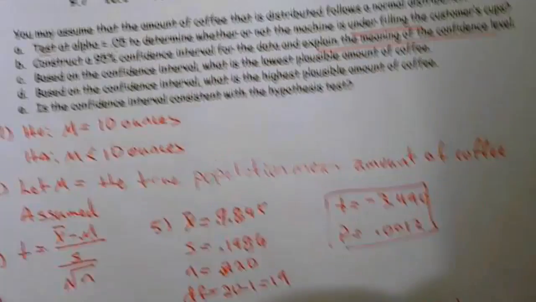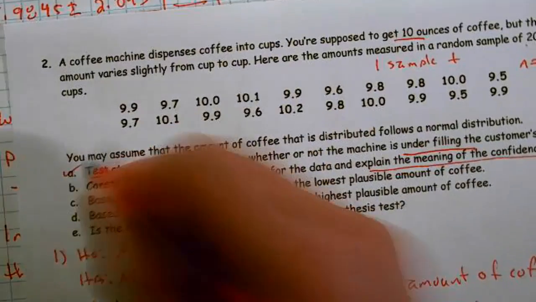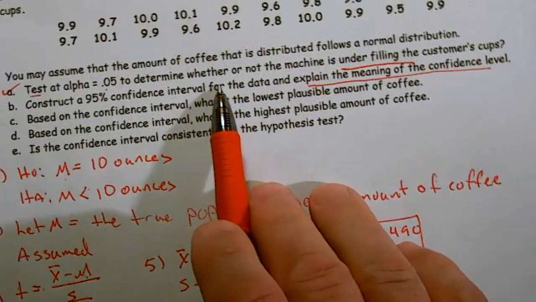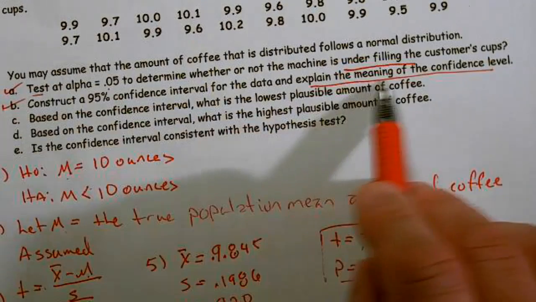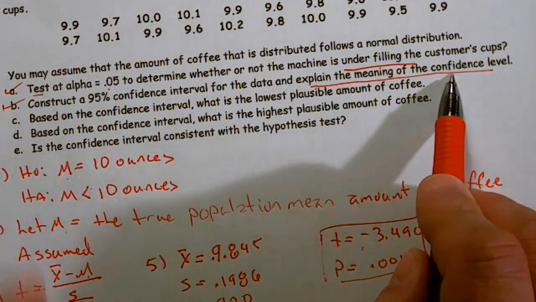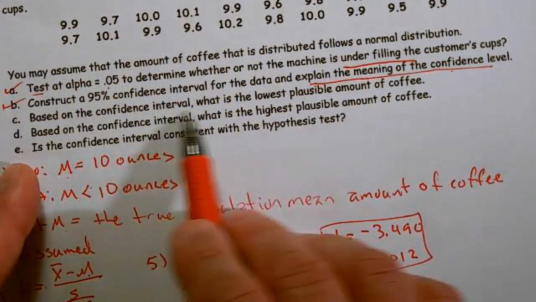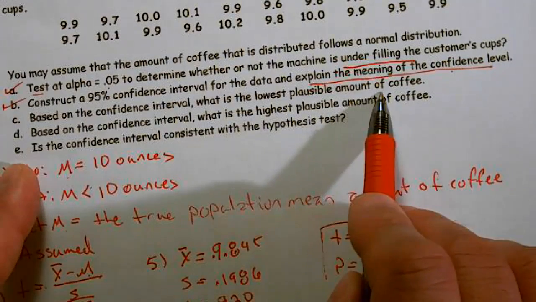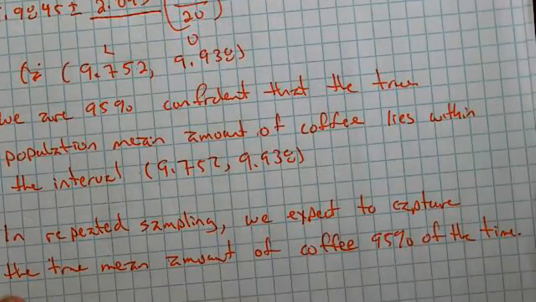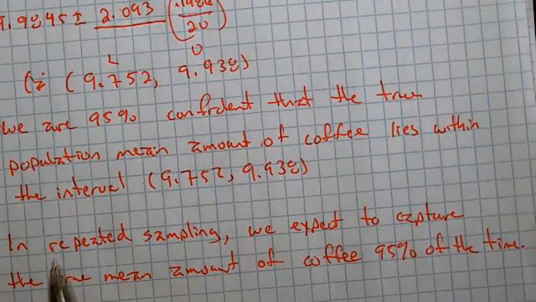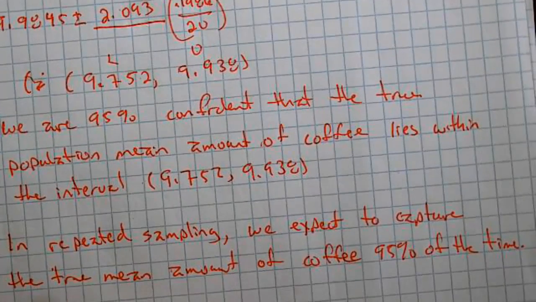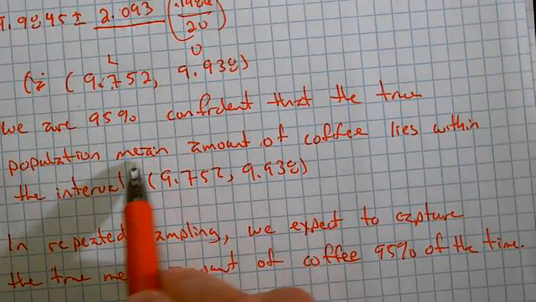So now we go back to this and we've done all right. We did the hypothesis test, that was part A. Part B, we constructed the confidence interval and we defined the confidence level. Then it says, based on the confidence interval, what's the lowest plausible amount of coffee? Okay, well, the lowest plausible amount of coffee, which was question C, well, that's the lowest bound of my interval.